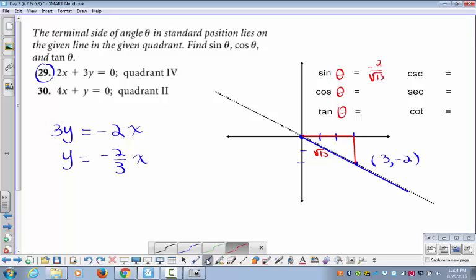And again, remember, if it's helpful to you, alphabetically, cosine and sine, think C before S: C goes with the x coordinate, S goes with the y coordinate. So then we're going to have 3 over root 13, and then tangent, y over x, so negative 2/3. Didn't ask for these, but we can find them pretty easily by flipping these over.